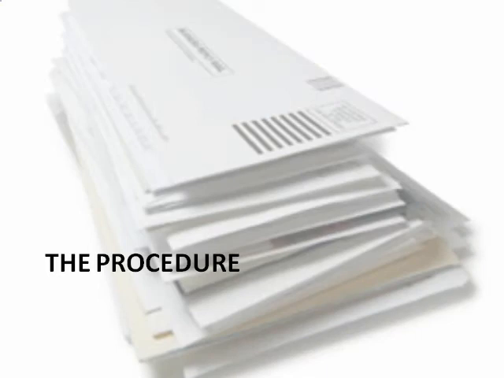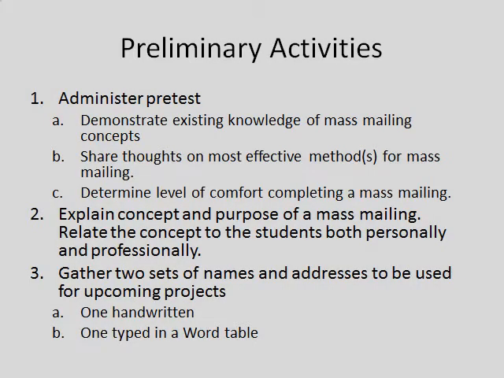The procedure I followed involved 3 parts. I started with a few preliminary activities. The lesson started with a pretest. With the pretest, students were asked to share existing knowledge of mass mailing concepts, to identify most effective mass mailing methods, and additionally students were asked to provide their comfort level with completing such a mailing.